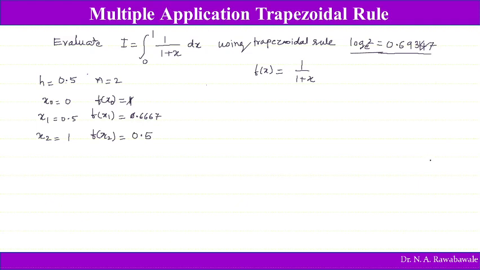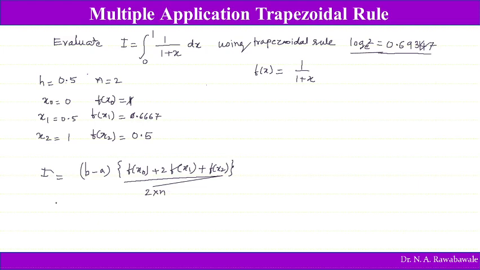So now, applying the trapezoidal rule, the integral I can be written as b minus a times f of x0 plus 2 times f of x1 plus f of x2, whole divided by 2n.